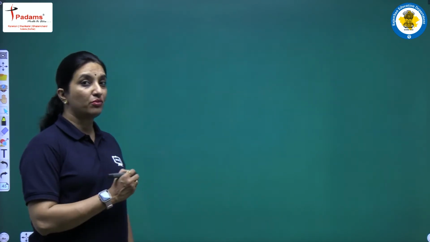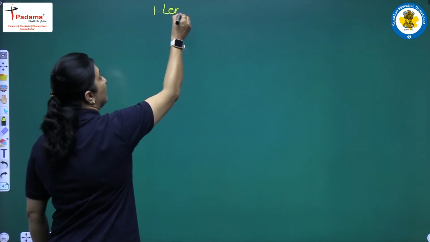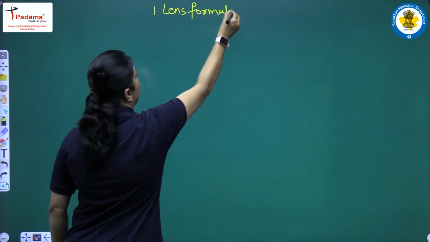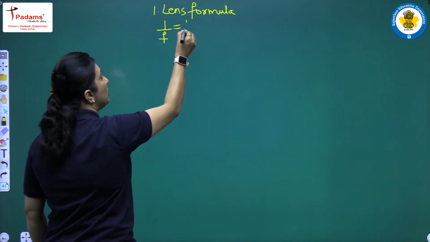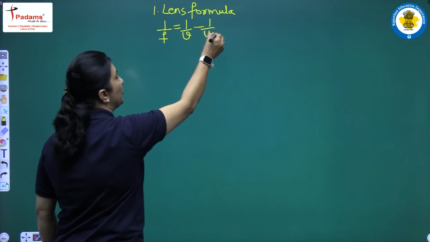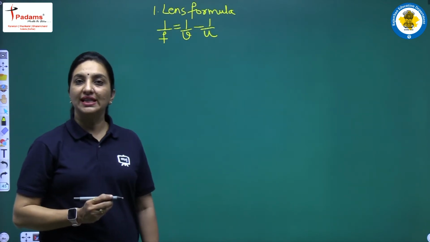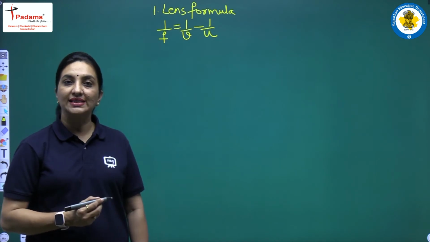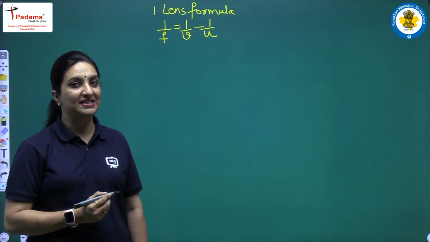So the first formula used is the lens formula. The lens formula is 1 upon f is equal to 1 upon v minus 1 upon u. Students, here f is focal length of the lens, v is the distance of the image from the lens and all the distances have to be measured from the optical center.